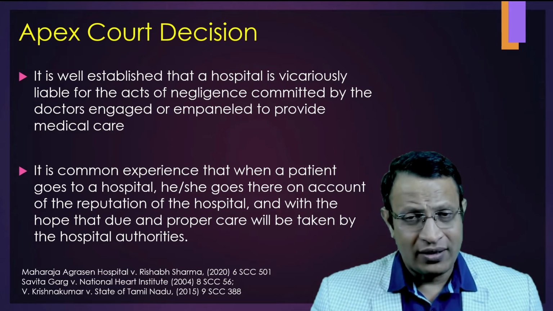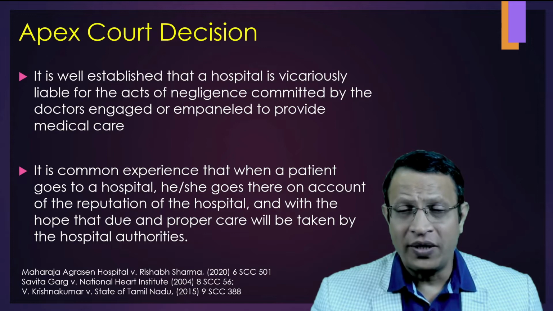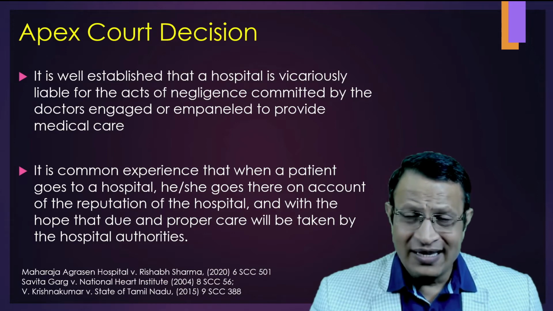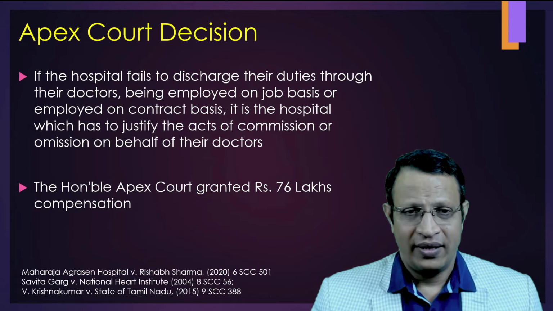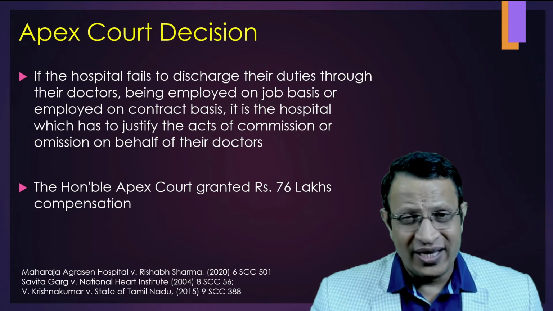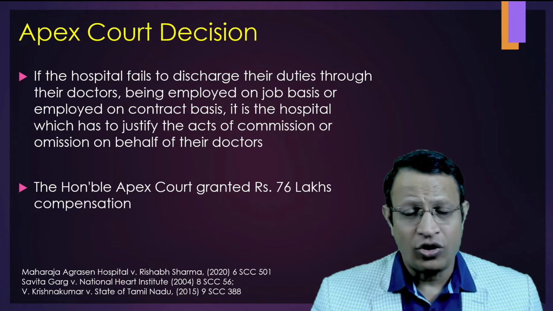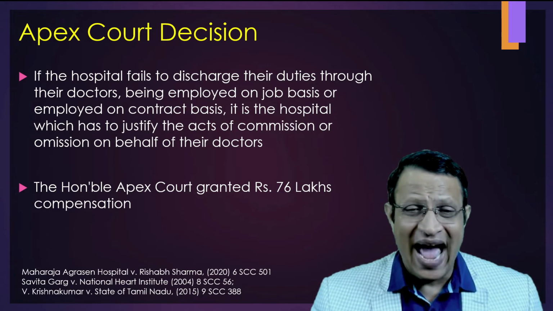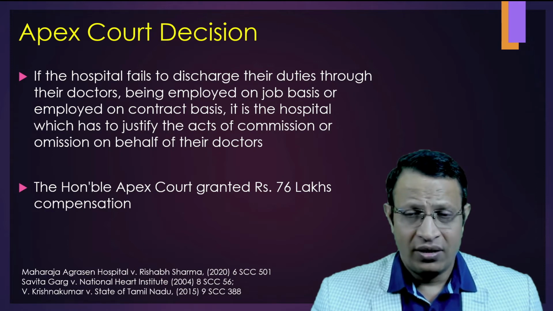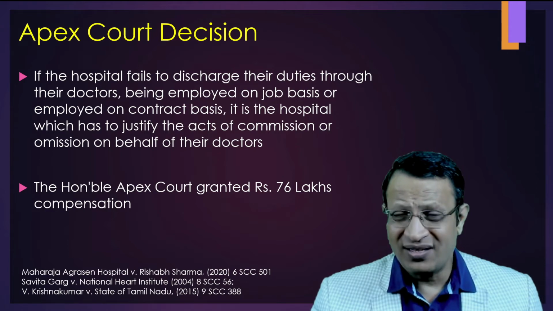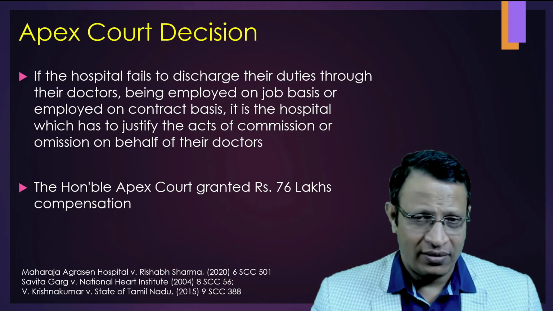And if that does not occur, the hospital authority or the hospital will be held responsible for the negligence of their doctors. If the hospital fails to discharge their duties through their doctors being employed on a job basis or on a contract basis, it is the hospital which has to justify the act of commission or omission by the doctors or the nurses or any other staff of the hospital.